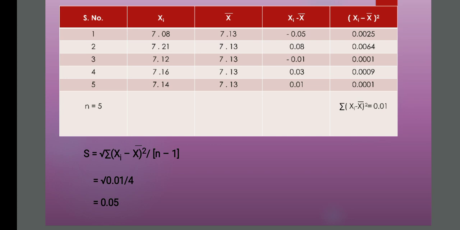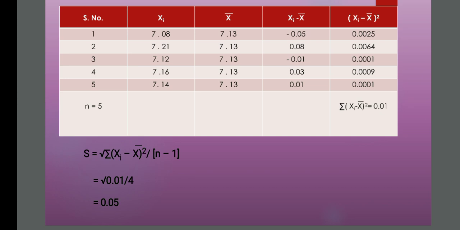Okay, so first you form the tabulation, put the xi value, individual value, then put the mean value, then take the difference between the individual value and the mean value, and the last column is you square up the difference between the individual value and the mean value, and after squaring up you add all the things, because the formula is sum of xi minus x bar the whole square, and the value is nothing but 0.01.